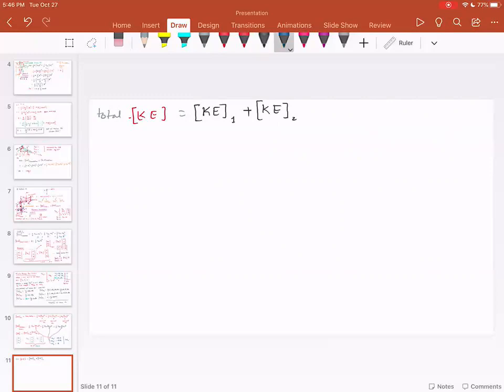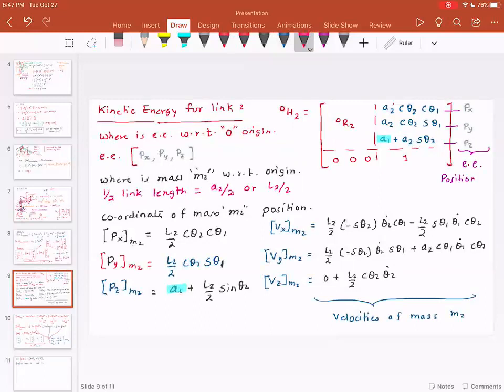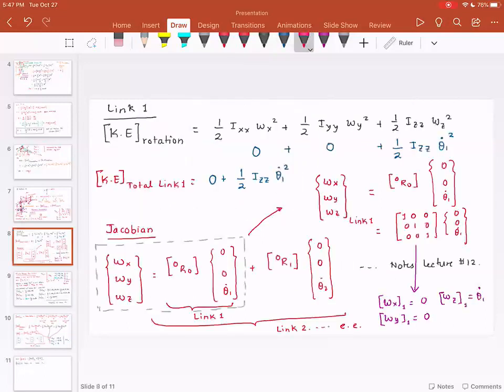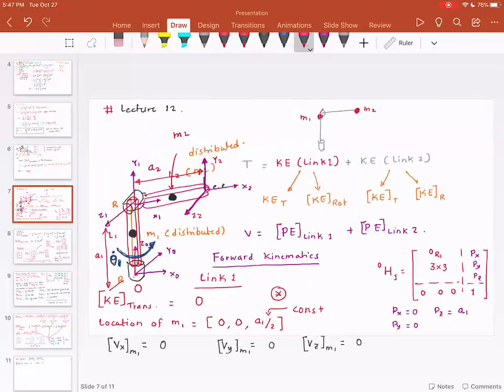The next part is easy. Now we want to find the potential energy, and I'll need 2 minutes to discuss it. There will be potential energy for mass M1 and mass M2. How would you get the potential energies for M1 and M2? Please note, you already have the locations of the masses. So I'm going to go back, and please note, you have Pz of mass M1.